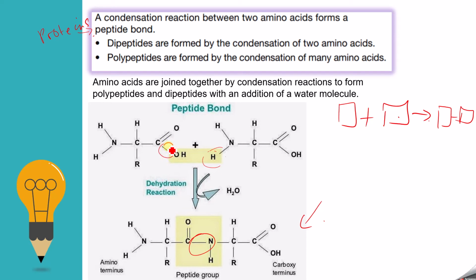So this bond attaches to the nitrogen here, and this whole section is called the peptide group, and that is the peptide bond.